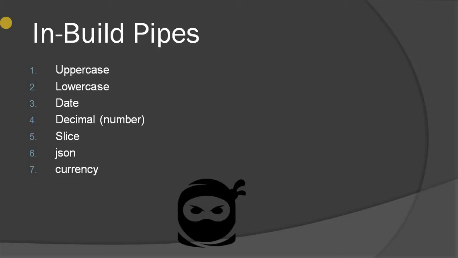Next one is the currency pipe. The currency pipe is used to show the currency symbol and currency type. So guys, let's take one example at a time.